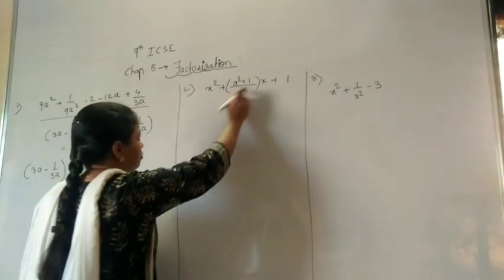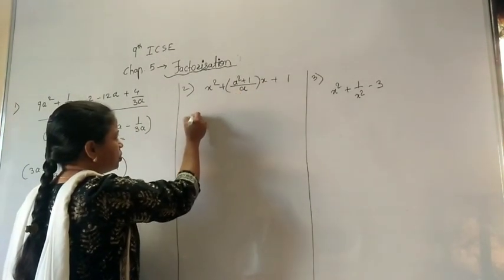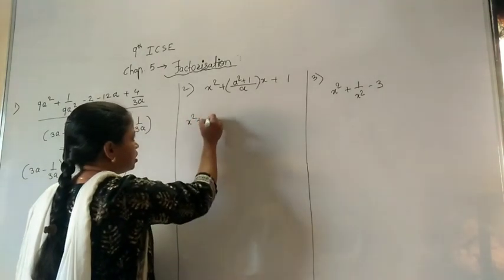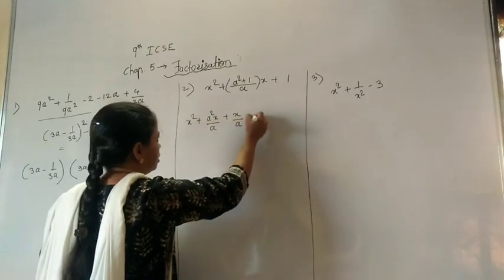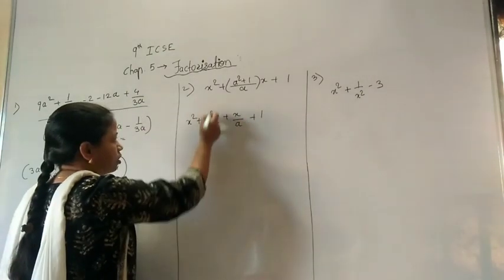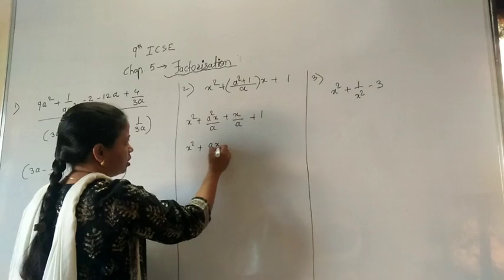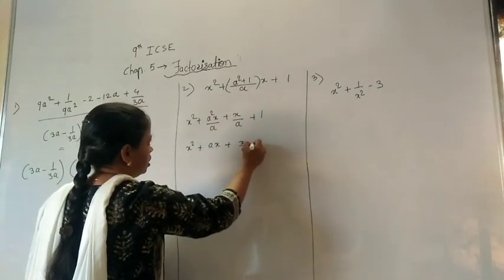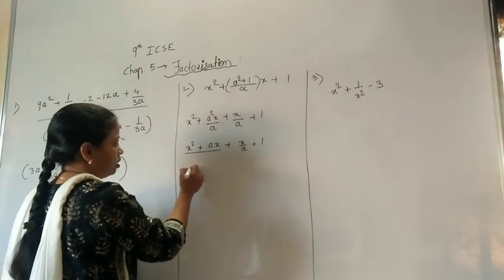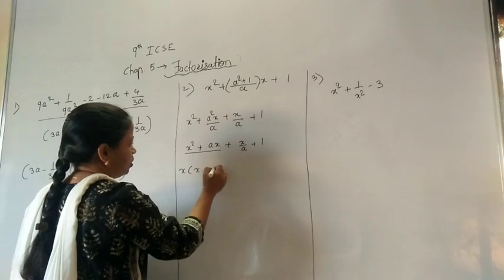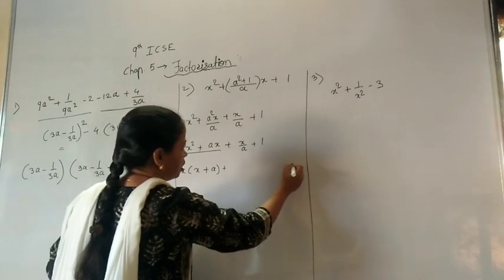In this question, we have to multiply by x as well as separate this a. Means x square plus multiplication first, a square x plus x upon a plus 1. Now cutting a and a, we have x square plus ax plus x upon a plus 1. From these two I will take x common, so that x plus a.